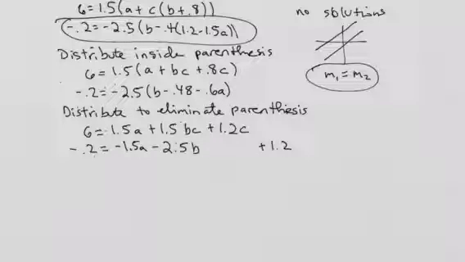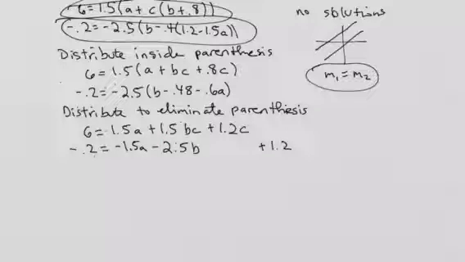I took the first equation, this one here, and I did some distribution, and I distributed it again to get to this point. And I took this equation here, and I distributed inside the parenthesis to get to this point.